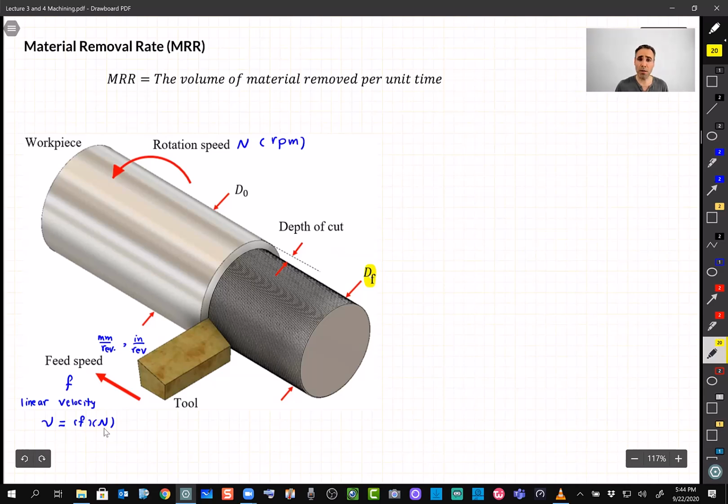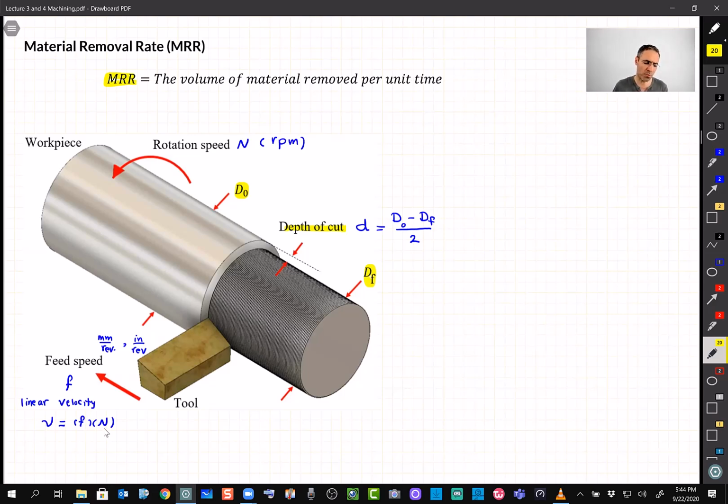We have Df, our final diameter, and D0, our initial diameter. So the depth of cut is the difference between these two. Let's show it by d, and we can write it as D0 minus Df, divided by 2, right? Don't forget this divide by 2, all right? So we introduce here another important value which depends on these cutting parameters, which we call MRR, the material removal rate.